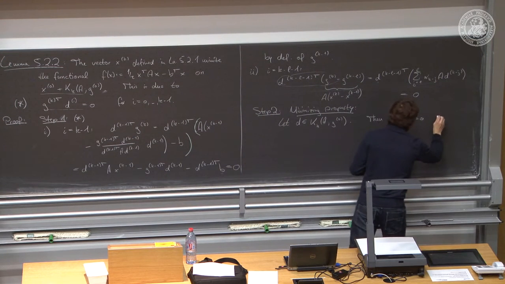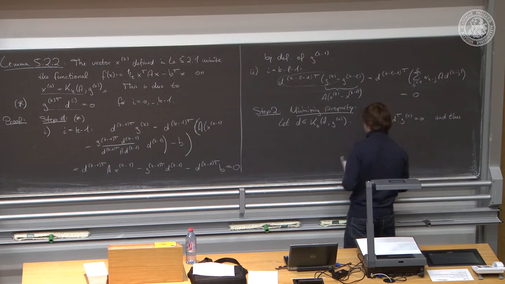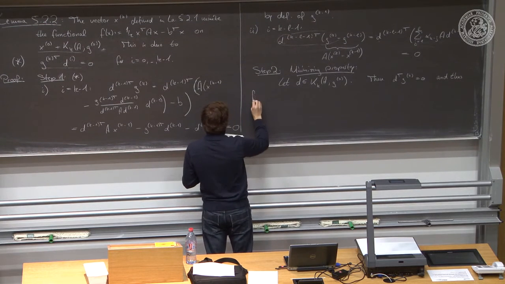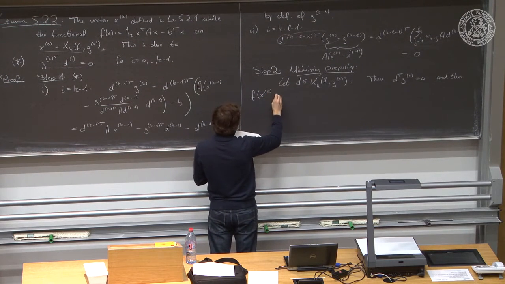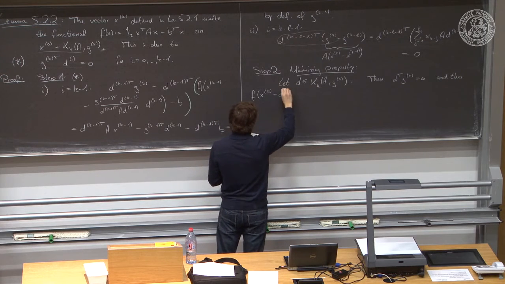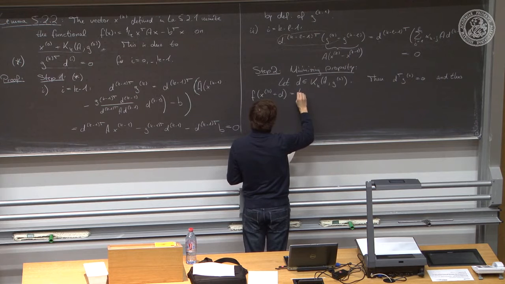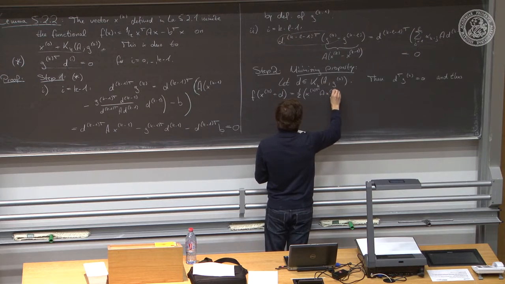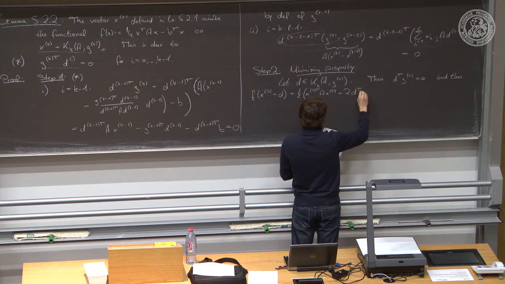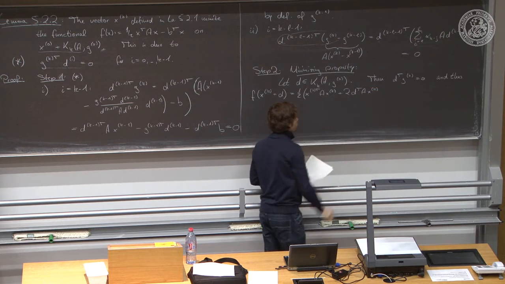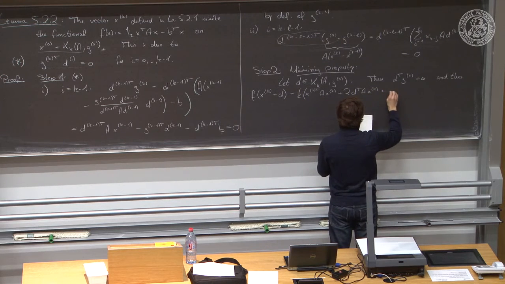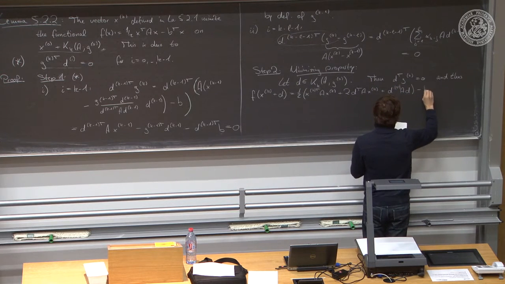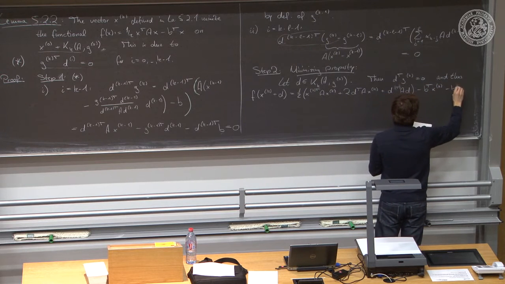Therefore, we have that our functional at the kth iterate plus this arbitrary vector d is, by the definition of the functional, 1/2 x_k transpose A x_k plus 2 d transpose A x_k, due to the fact that A is a symmetric matrix, plus d transpose A d minus b transpose x_k minus b transpose d.